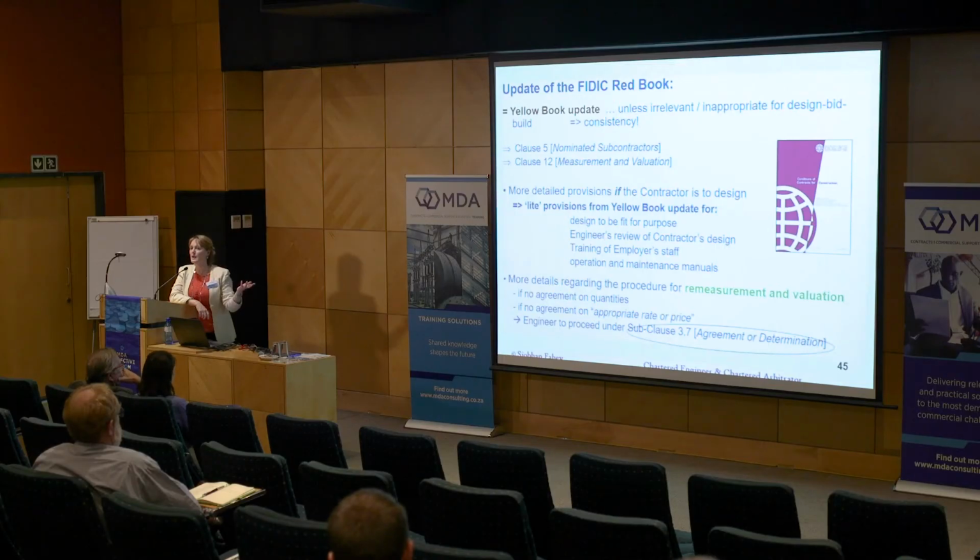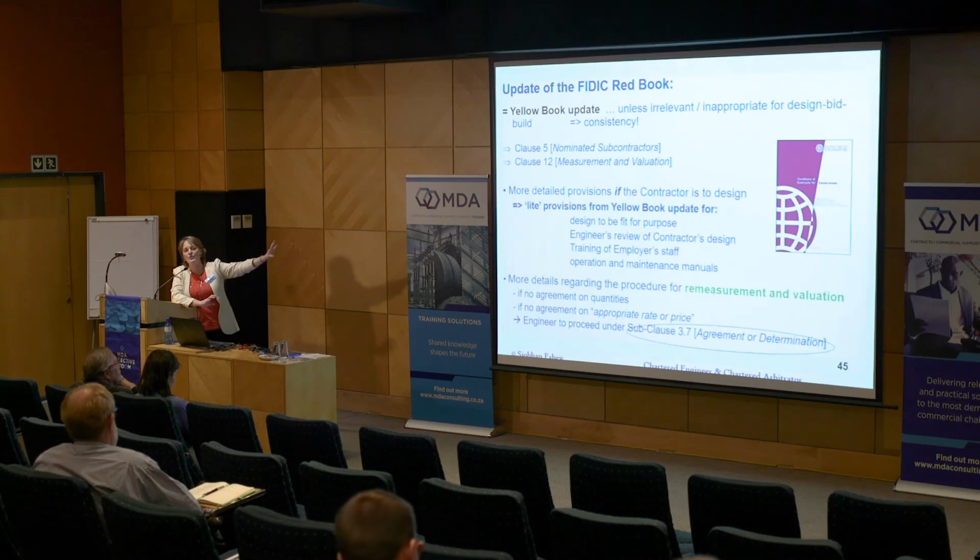And I spoke about the Yellow Book. I can safely say that the Red Book is going to be very much along the same lines. There's really going to be minimal differences between the Yellow Book and the Red Book, apart from this idea of design. And so you'll see that Clause 5 and Clause 12 are very different. When it comes to Clause 12, when we're talking about measurement of the works, if there's a dispute as regards the measurement, whether it's on the rate side of things or the quantity side of things, it goes to the engineer for agreement or determination under Clause 3.7.